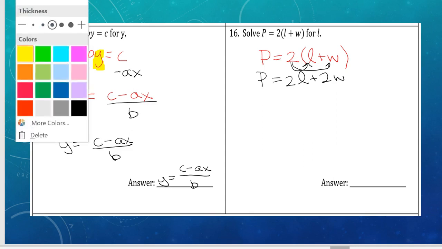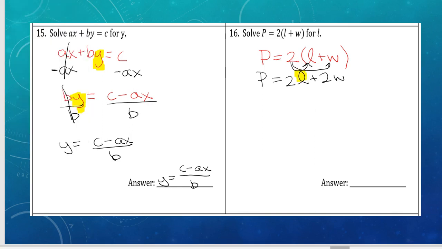We are solving for L, which means I need to move the 2W first, and then the coefficient of 2. So 2W is plus or a positive. I move positive or plus things with negative or minus that particular thing.